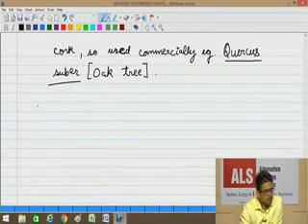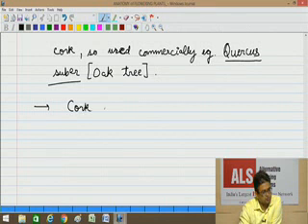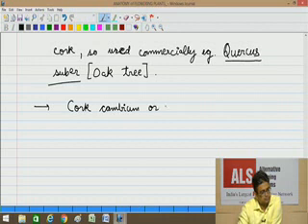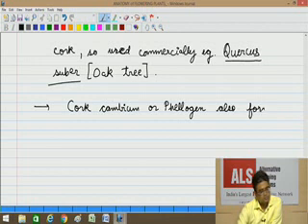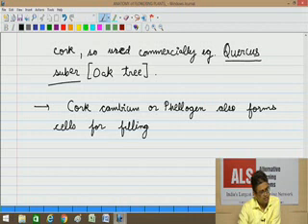Cork cambium or phellogen also forms cells for repairing the cortex, cells for filling the cortex, called secondary cortex.